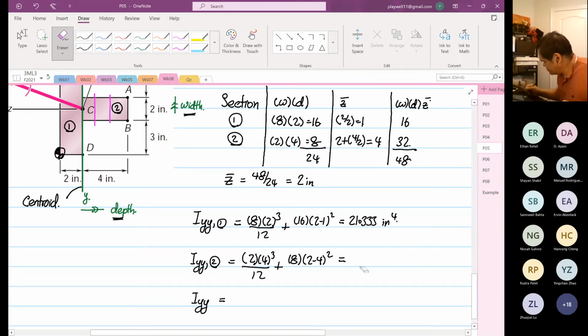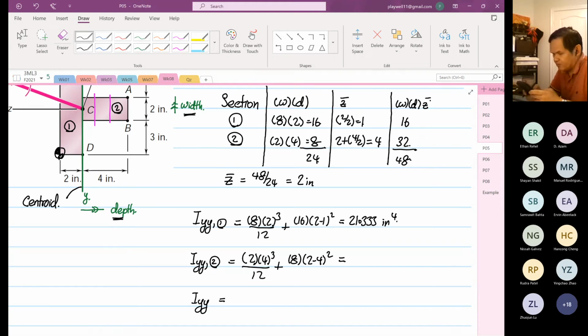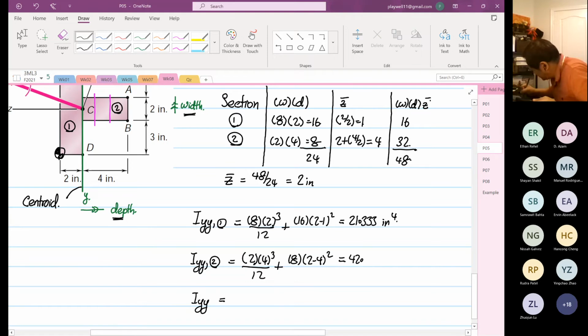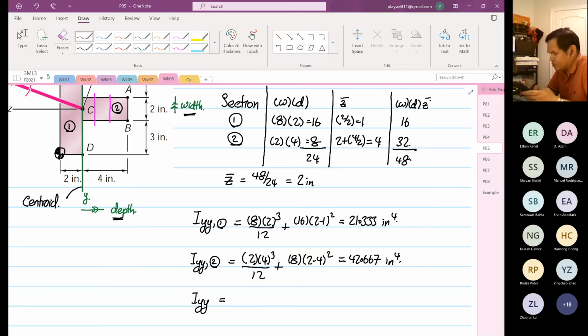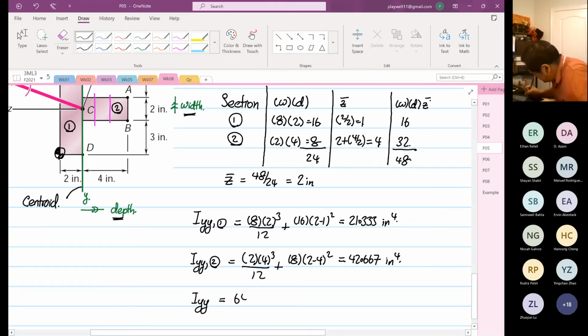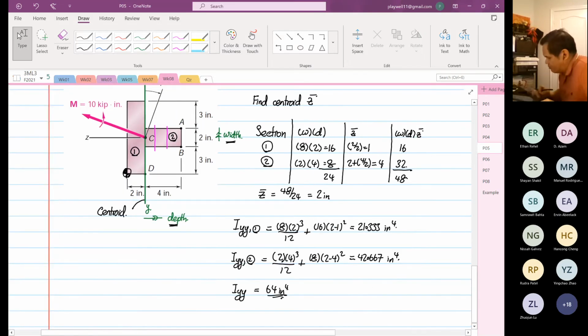There you go. So 2 times 4 power of 3 divided by 12 plus 8 times 2 minus 4 squared is equal to 42.667. My apologies. I don't know why I put 1 there. So 42.667 plus 21.333 is equal to 64. So that is my IYY.